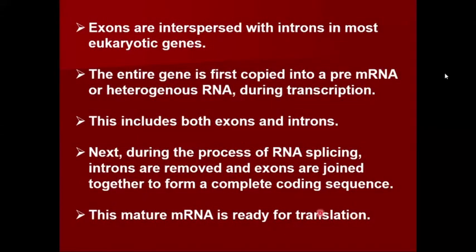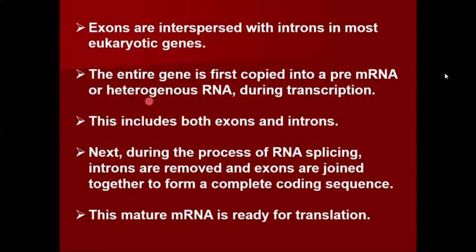Now, furthermore, exons are interspersed with introns in most eukaryotic genes. Okay? They go together. There are some areas where you have exons, other areas where you have introns. And the entire gene is first copied into a pre-messenger RNA that we call hnRNA.